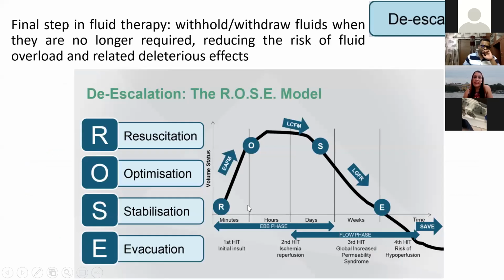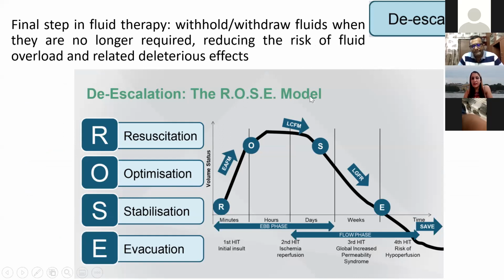So de-escalation, this is the final step in fluid therapy. That's withholding the fluids once they are no longer required, thereby reducing the risk of fluid overload and related deleterious effects. If we talk about de-escalation, I'll not say that this is the final step. We have to start de-escalation right from the time of admission in the ICU and starting of the IV fluids, as we plan for the antibiotics too.